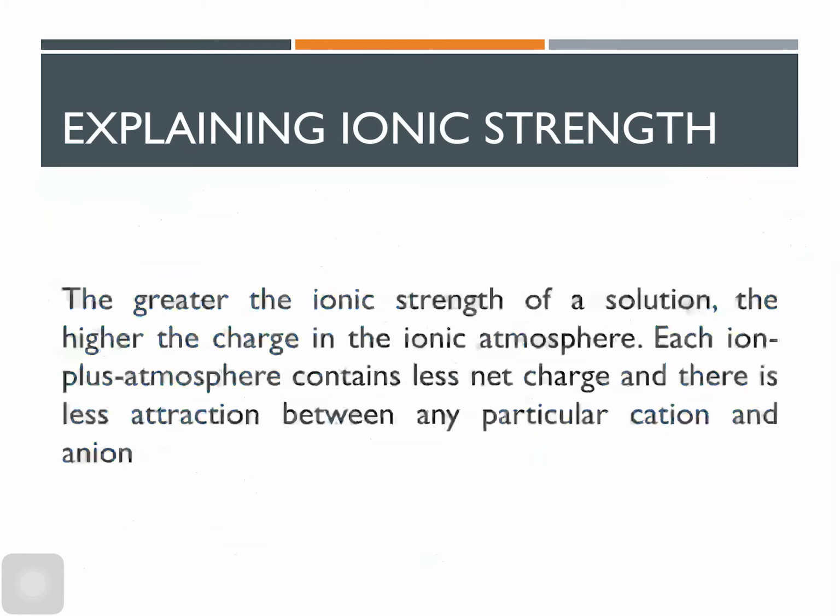And here, so this is the summary of this topic. The greater the ionic strength of a solution, ionic strength refers to the amount of diverse ions. The more diverse ions you have in a solution, the higher the charge in the ionic atmosphere. That means the more of those diverse ions will flood the original ions you have.